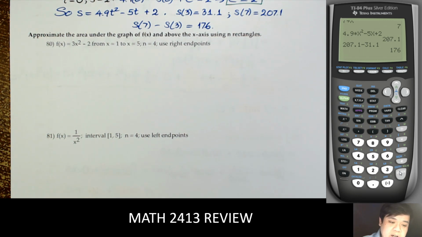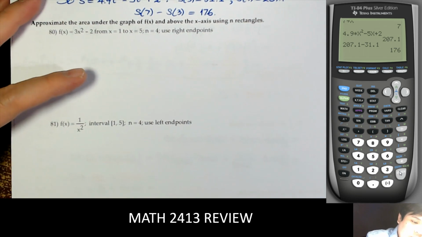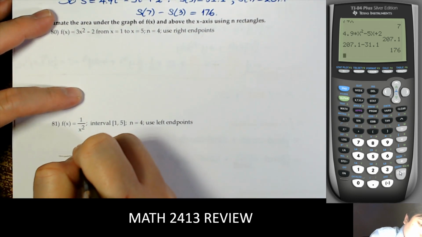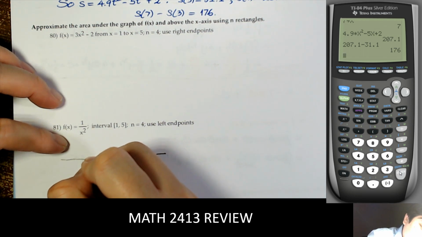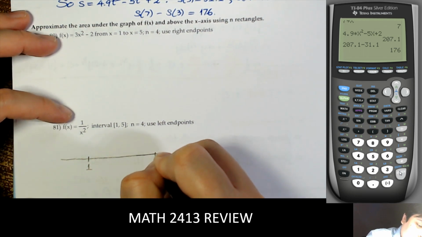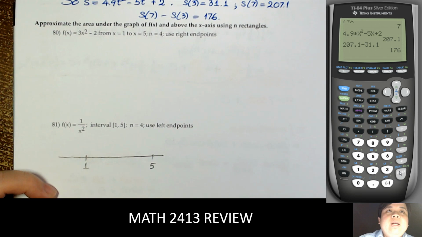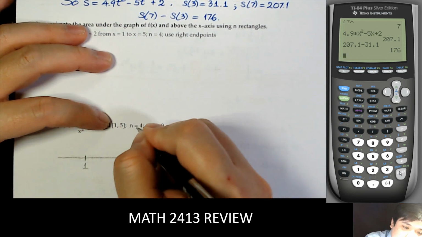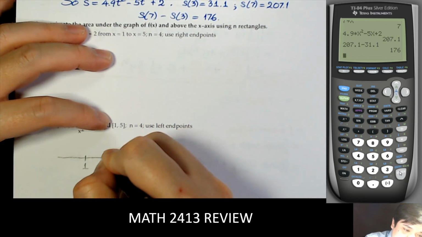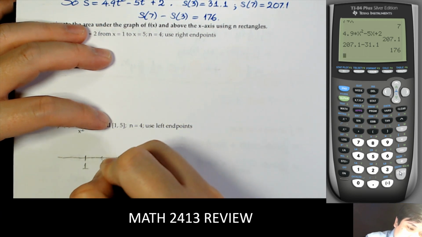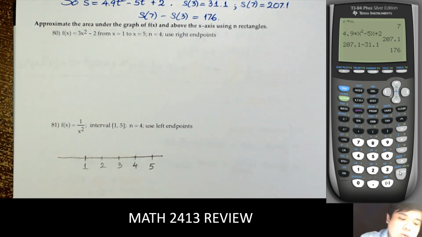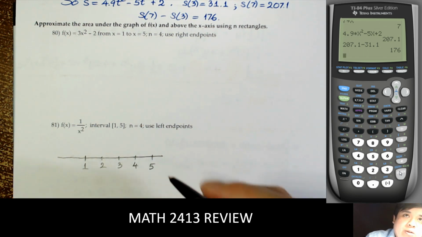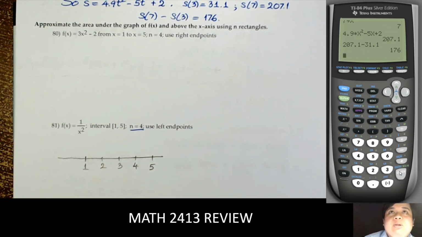I'll draw the number line. We don't have to draw the graph of the function, just a number line that goes from 1 to 5. And so we'll divide this into 4 equal segments. And obviously that has to be 2, 3, and 4. Right. So 1, 2, 3, 4 rectangles.